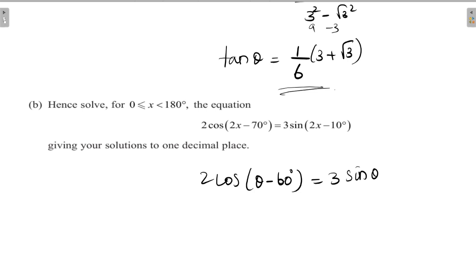So let's rewrite it here. See here, theta is equal to 2x minus 10. Now we can substitute theta.